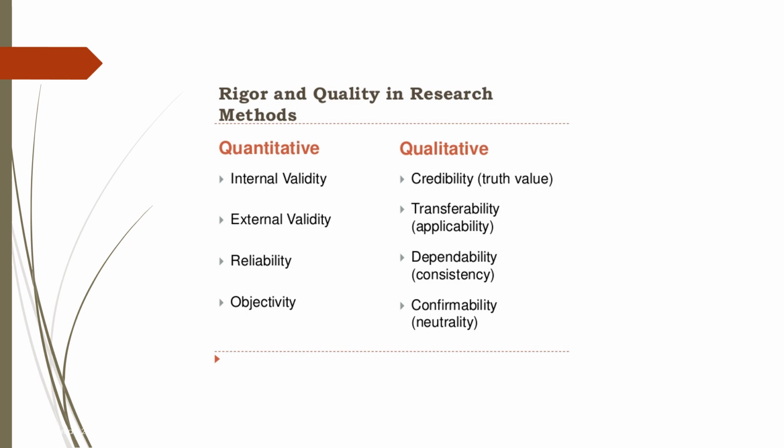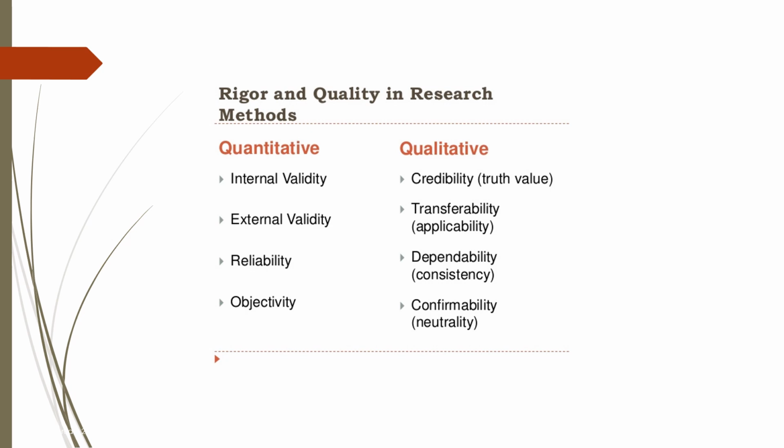In quantitative research, transferability or applicability in qualitative research, which is equivalent to external validity in quantitative research. Dependability or consistency is equivalent to reliability in quantitative research. Confirmability or neutrality in qualitative research is equivalent to objectivity in quantitative research.